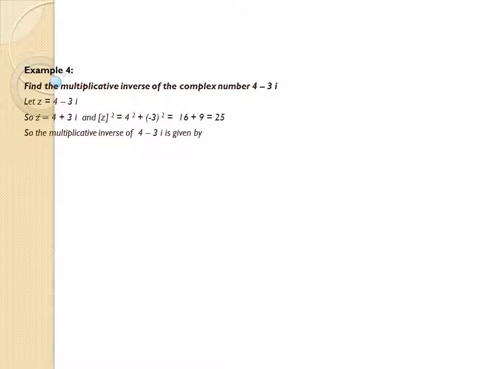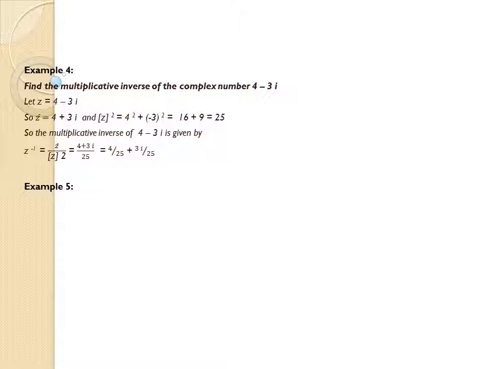So the multiplicative inverse of 4 minus 3i is given by z inverse equal to conjugate of z divided by modulus of z square. Conjugate of z is 4 plus 3i, and modulus of z square equal to 25. So it becomes 4 by 25 plus 3i by 25.